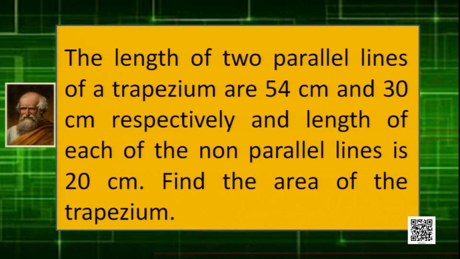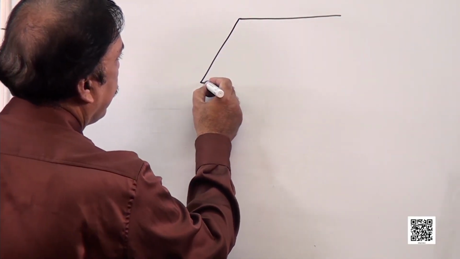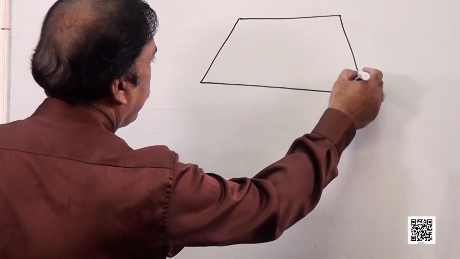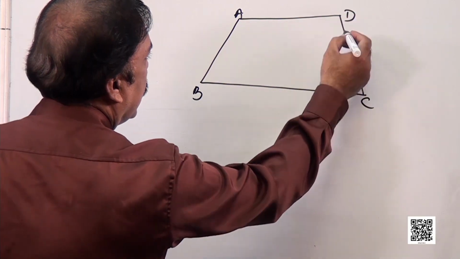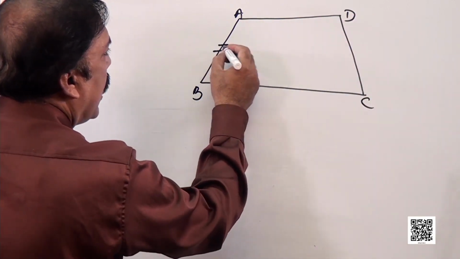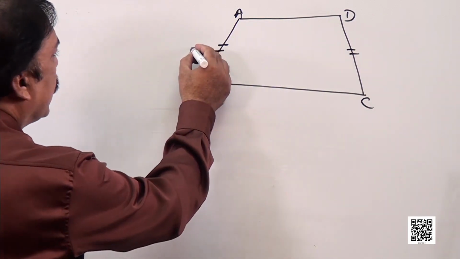This question says the length of two parallel lines of a trapezium are 54 centimeter and 30 centimeter respectively, and the length of each of the non-parallel lines is 20 centimeter. Find the area of the trapezium. Let's have the trapezium A, B, C, D, where AB and CD are equal, that is 20 centimeter.